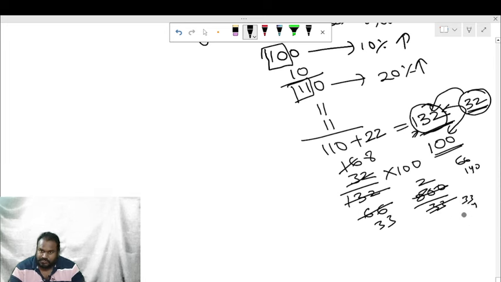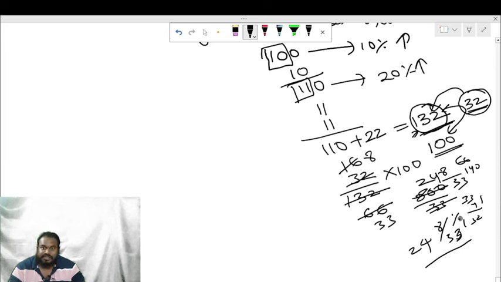So 33 fours are 132, and 32... so 8 by 33. So 24 8 by 33 is the percentage. So by 24 8 by 33 percentage, if I reduce this 132, I will get the original number, that is 100. That is the solution.